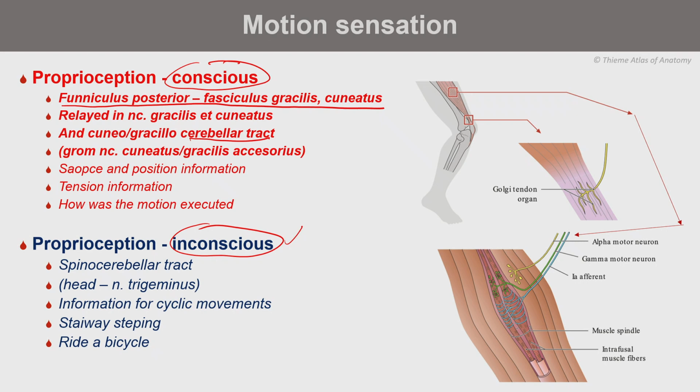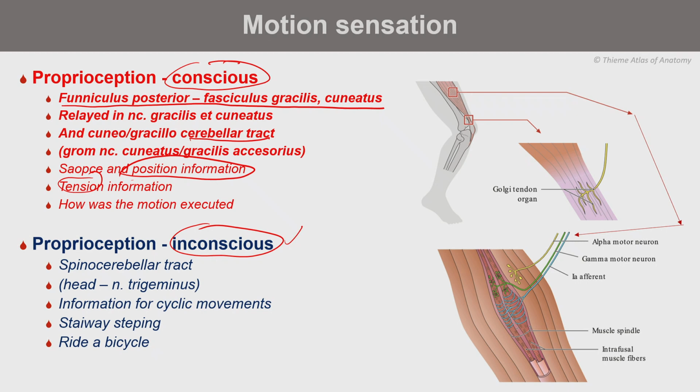So this is position information and tension information. So this is information about how the motion was executed. Where is it? Our hand. Where is it? My feet, etc.